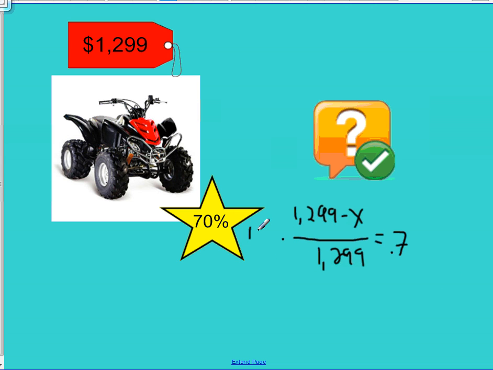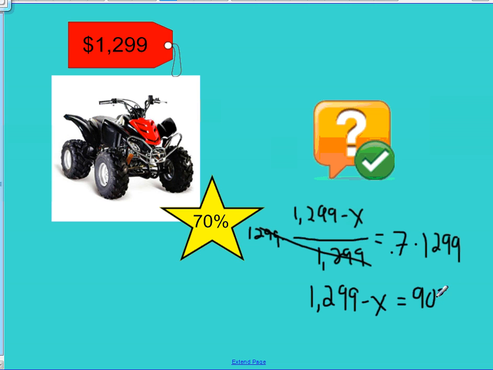So multiply both sides by 1,299 to get rid of that denominator there. And then we have 1,299 minus x equals 909.3. Subtract 1,299 from both sides.